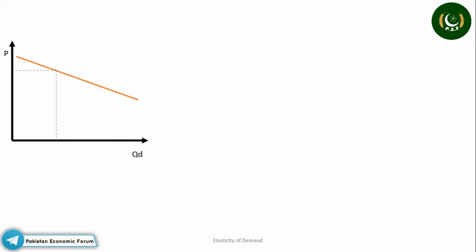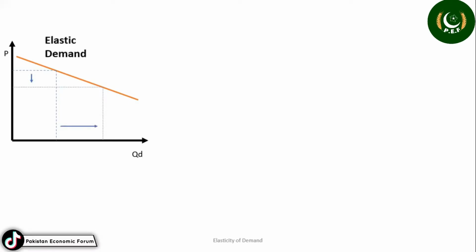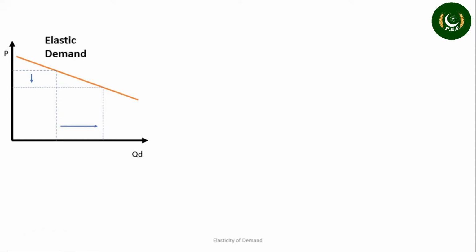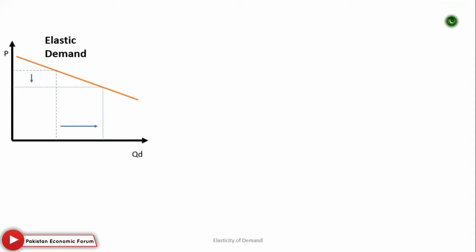Now take any other point on the demand curve and join it with both axes. This shows that a small decrease in price resulted in a large increase in quantity demanded. Therefore, this is the case of elastic demand.